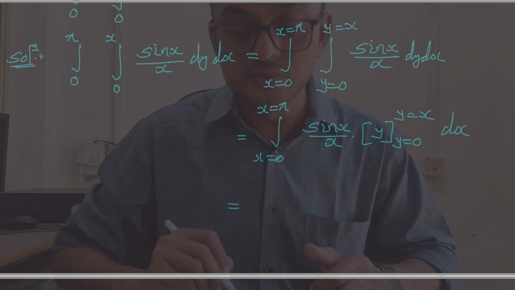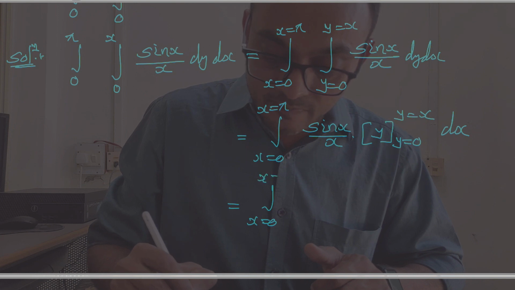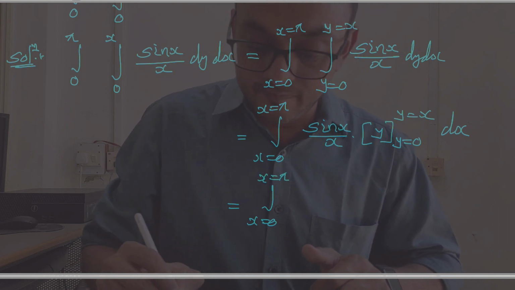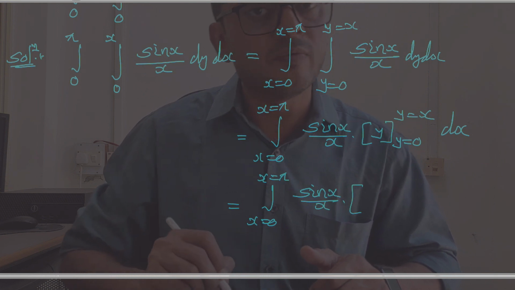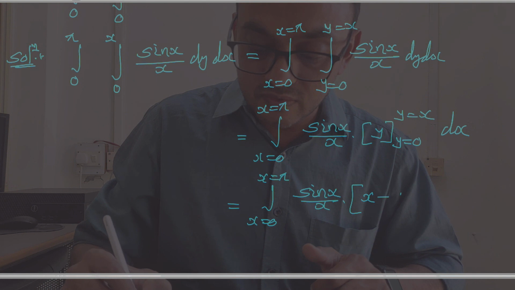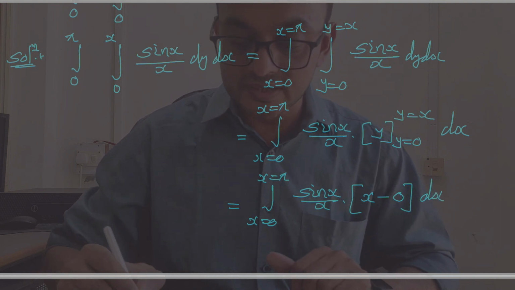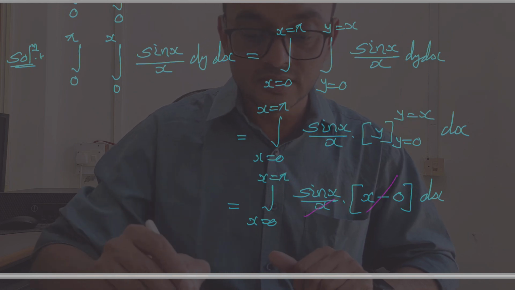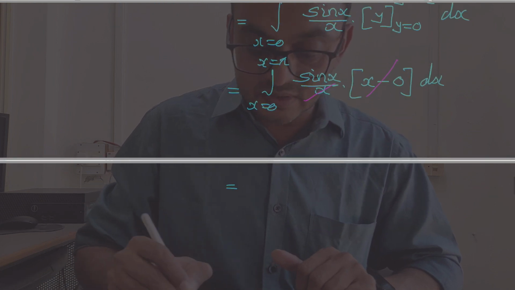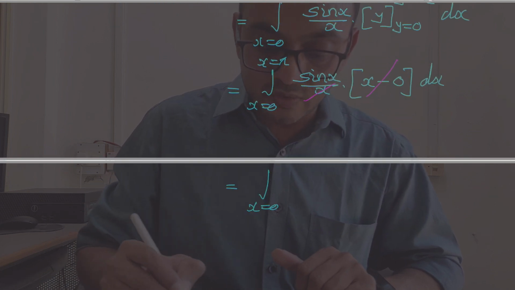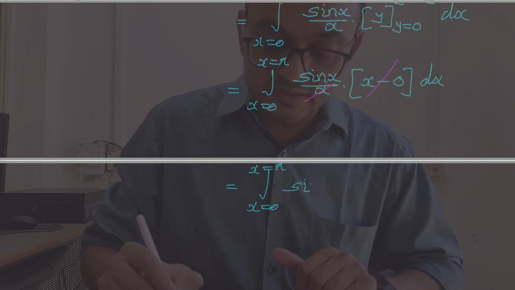So this is equal to integration x is equal to 0 to x is equal to pi, sin x upon x. Substitute the limit of y, upper limit is x, lower limit is 0, dx. So now can I cancel out x and x? Then the remaining quantity is only sin x. So this is equal to integration from x equal to 0 to x equal to pi of sin x dx.